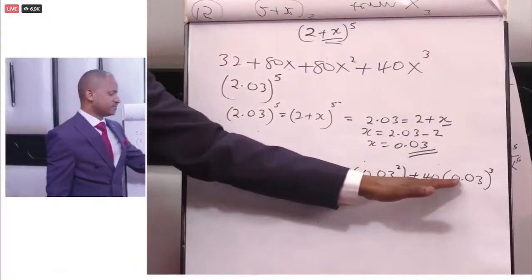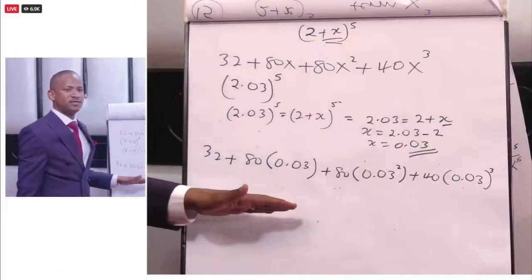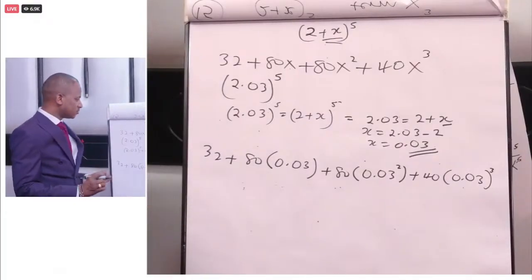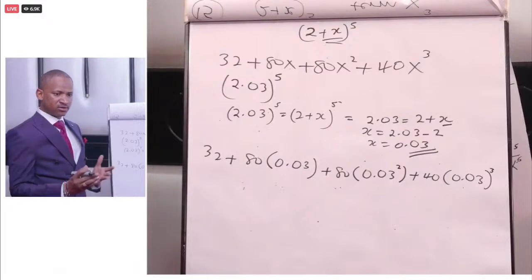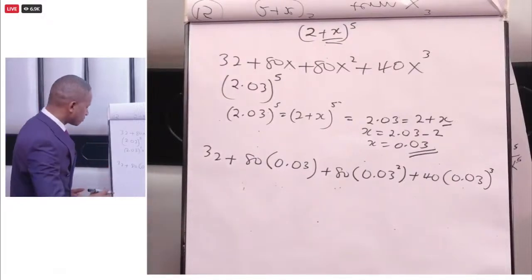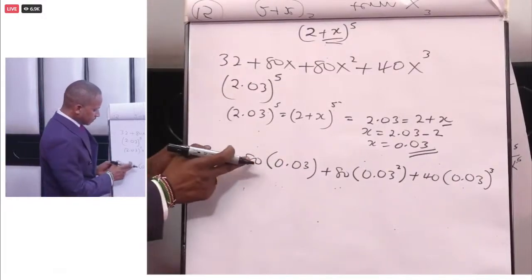Now, this thing is very petty. So you have to use a calculator because you might lose the decimals. But because I don't have a calculator, I will just calculate it, so we will compare. So let's compare. Let's go.